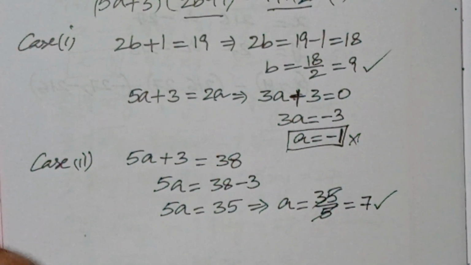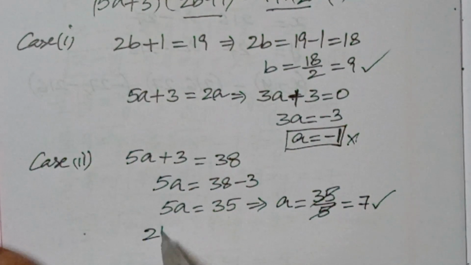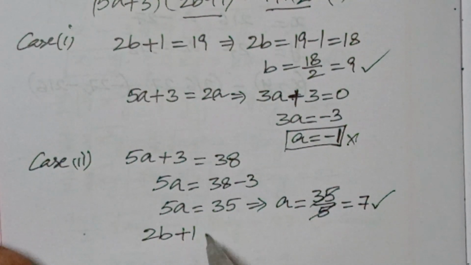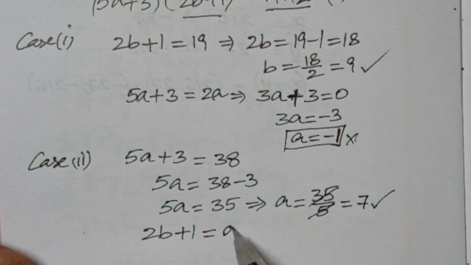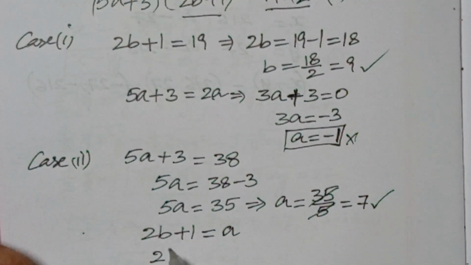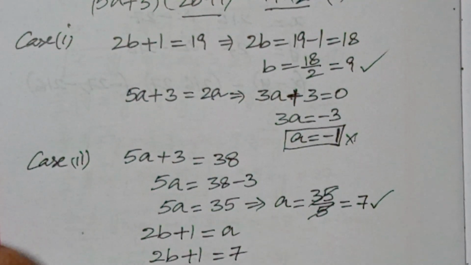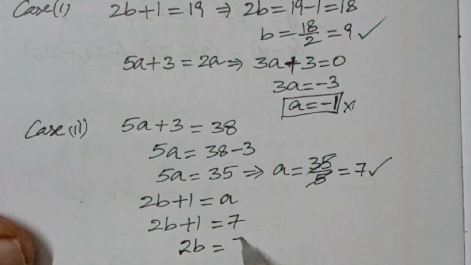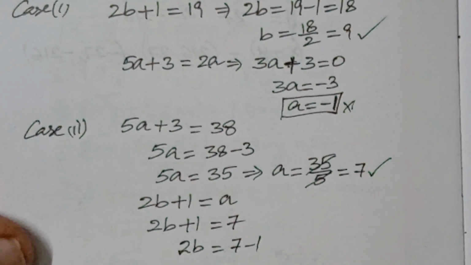Now the second one: 2b + 1, the factor that is left is a. So 2b + 1 is equal to 7. 2b is equal to 7 minus 1. 2b is equal to 6.